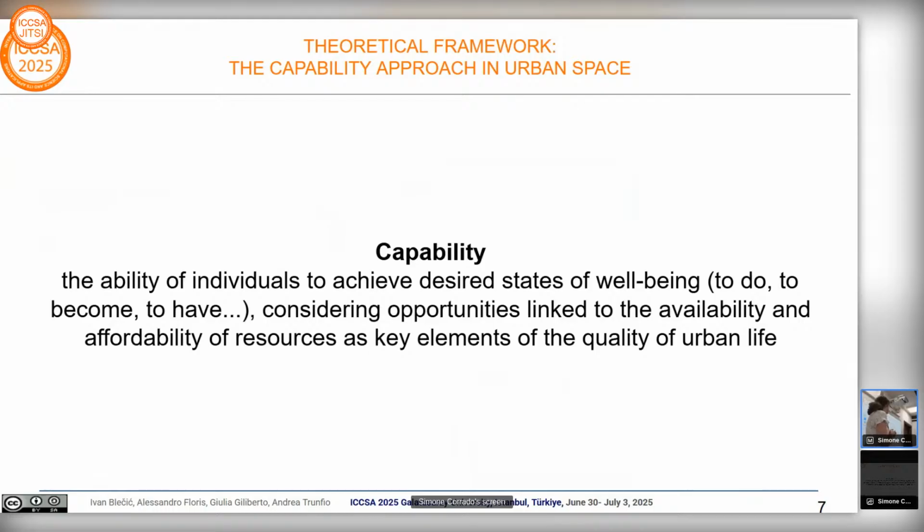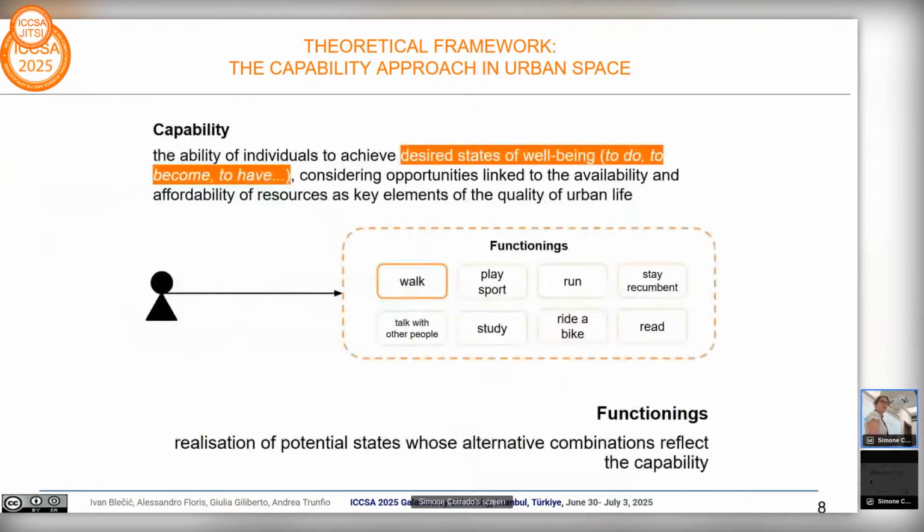This considers opportunities linked to the availability and affordability of resources as key elements of the quality of urban life. So, as I said before, functionings are the potential states whose alternative combinations reflect the capabilities. They are the desired states that people can choose.